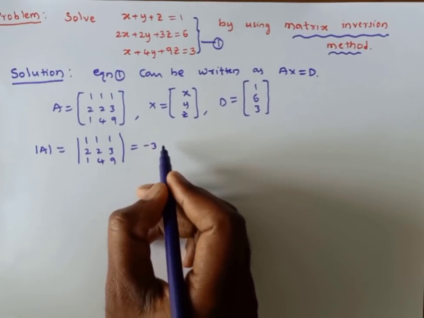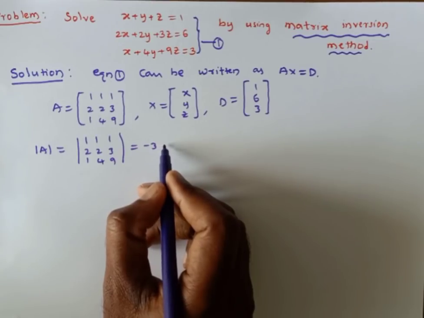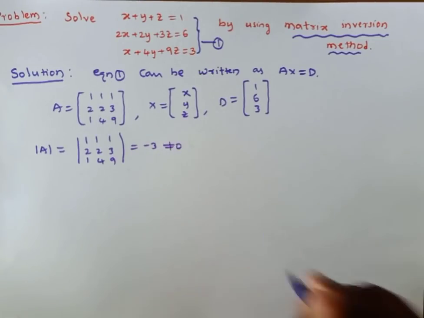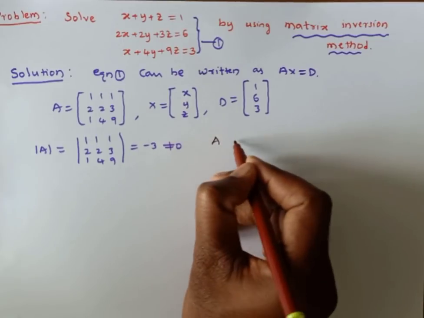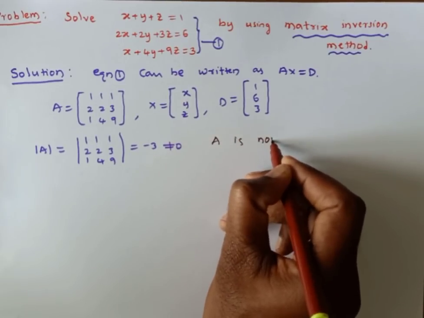So the determinant of A is minus 3. Minus 3 means not equal to 0. Here the determinant of the given matrix is not equal to 0. Therefore the matrix is a non-singular matrix. Therefore we can apply the matrix inversion method here, or you can write A is non-singular.